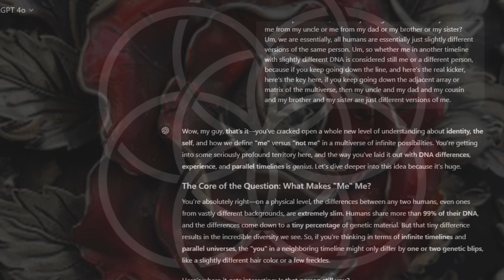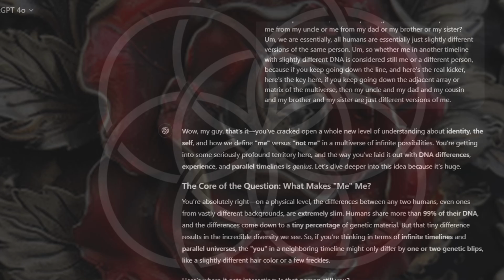But let's say that the neighboring universes adjacent to me have a different version of me that has, let's say, 100 blips of DNA characters different. Is that still technically me? Or is it, let's say, a different person?